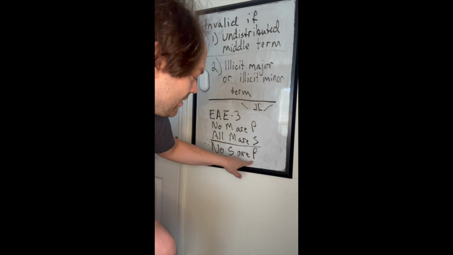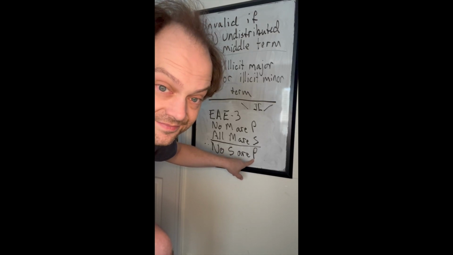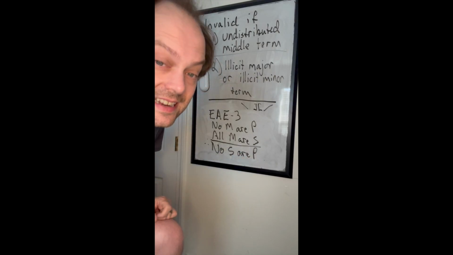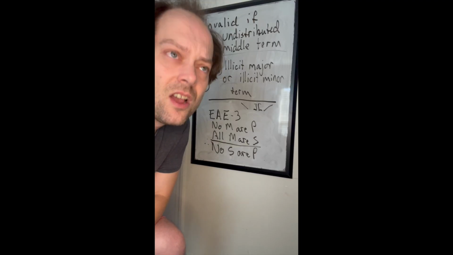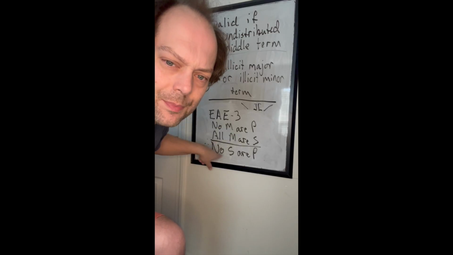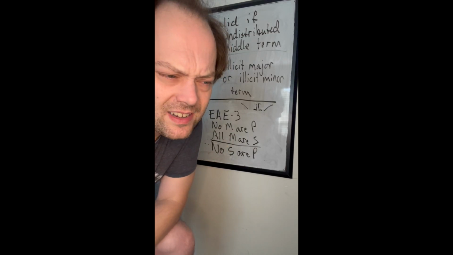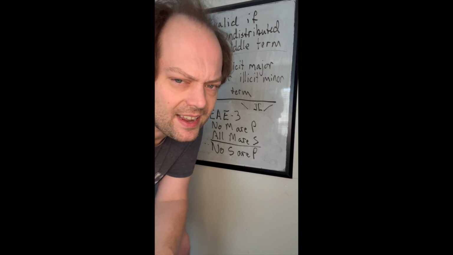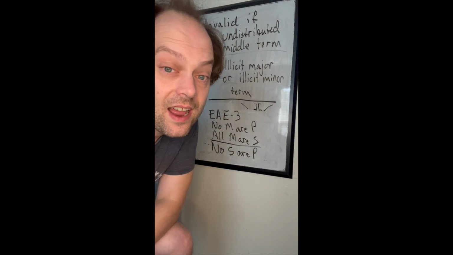If either the major or the minor term is distributed in the conclusion, if we're concluding something about all members of that category, then it needs to be distributed in the premise, because we need to have the grounds for concluding something about all the members there. Distributed, it's a weird term. It doesn't seem to fit in our vocabulary nicely to mean exactly these things.